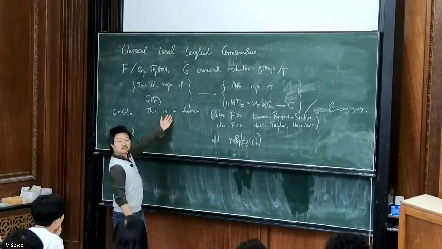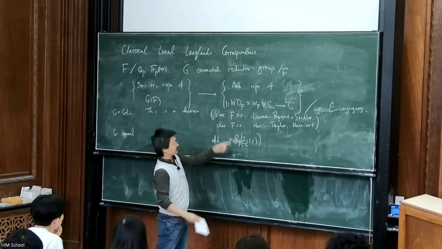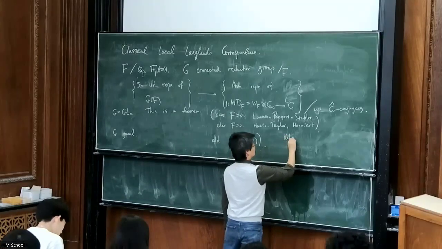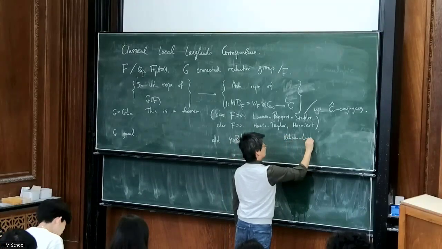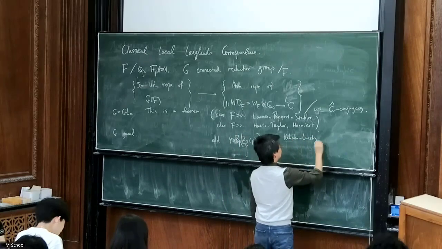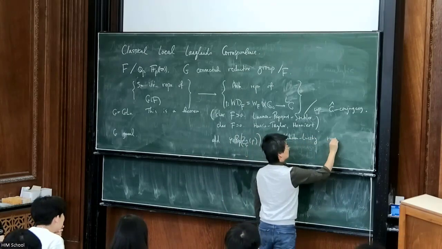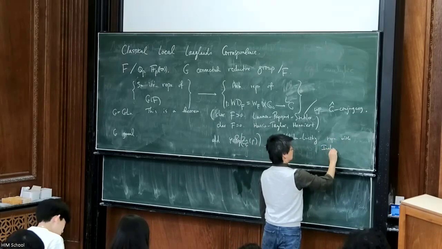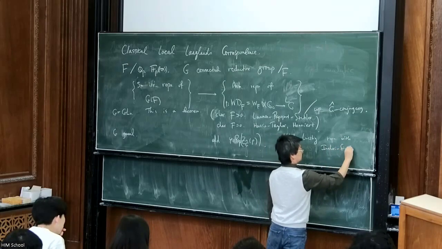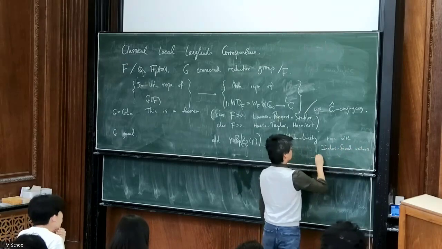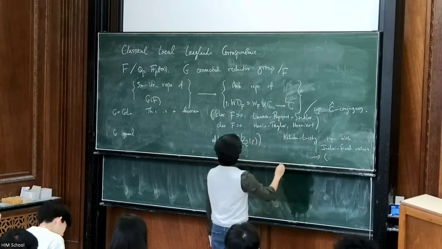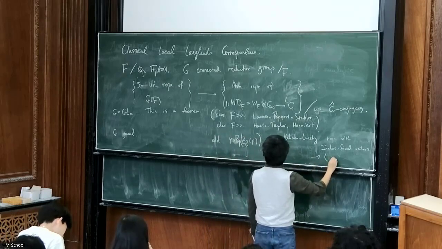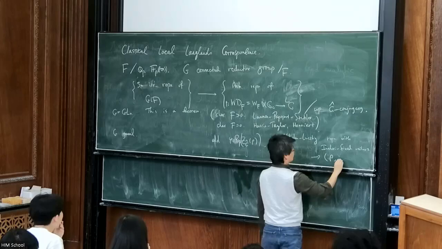For each such representation, they produced a triple, not triple, just a pair, rho and phi.